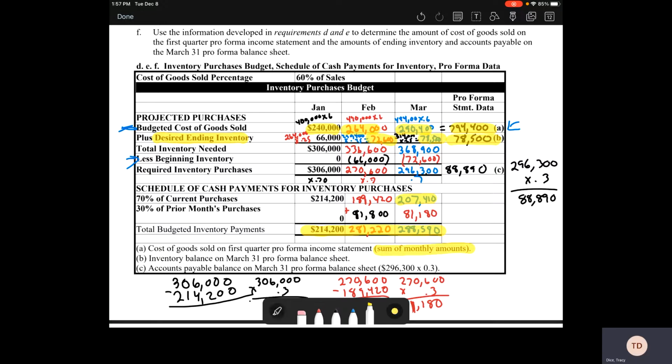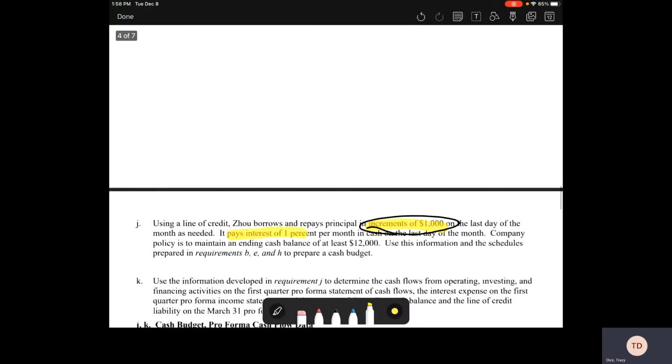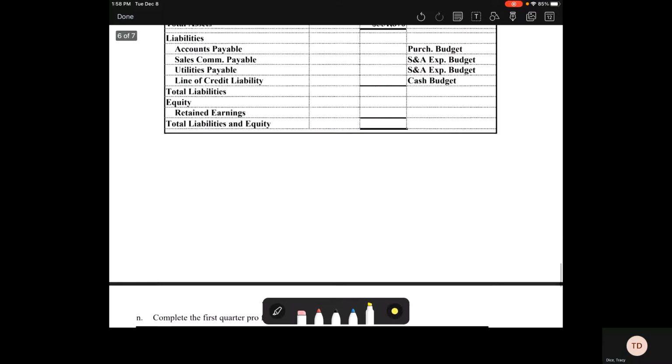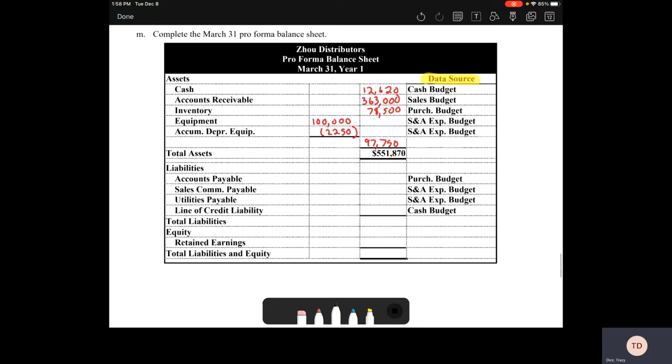Then part C tells us we have $88,890 left. That's taking what we have purchased and how much we haven't paid off. We haven't paid off that 30% of that 296,300. So that's where that 88,890 comes from. So that's what we start with down here.